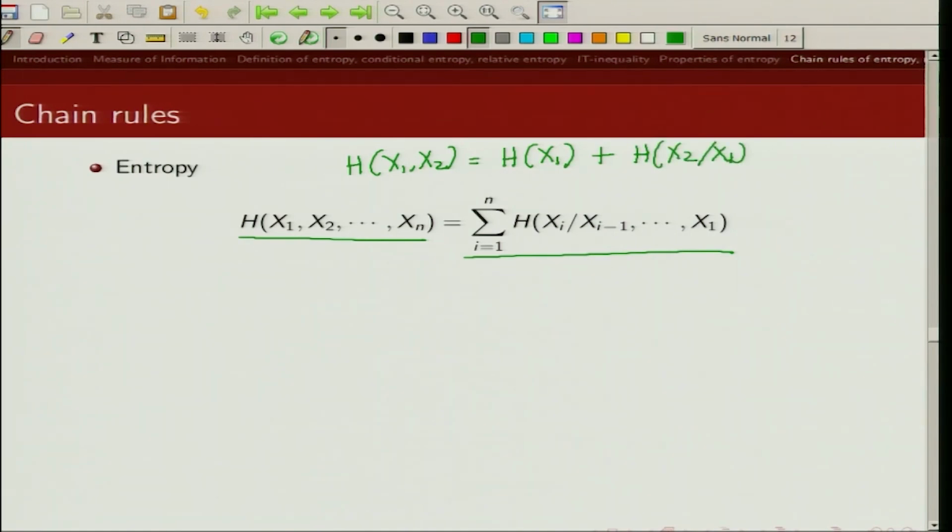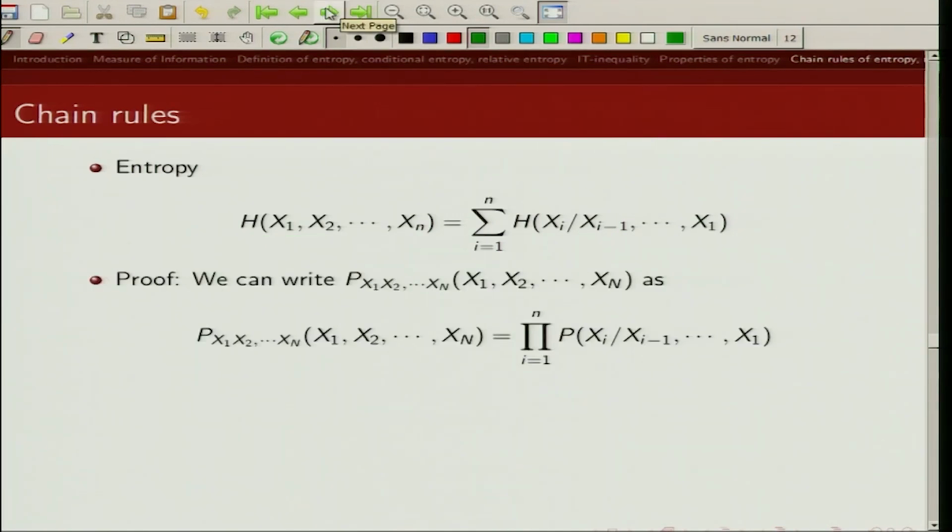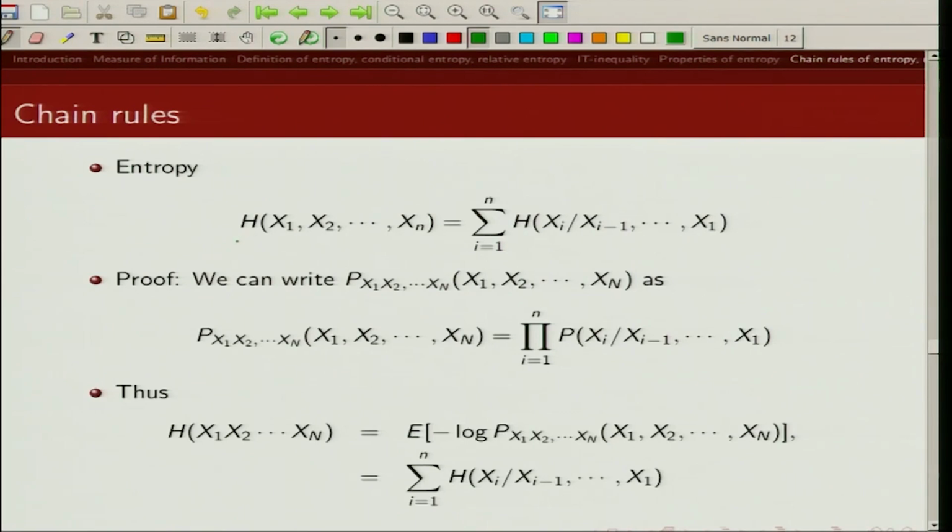So we can write this joint entropy in terms of a summation of conditional entropies. So how do we prove it? We will write this joint distribution in terms of conditional distributions. Okay. And now we will invoke the definition of joint entropy.